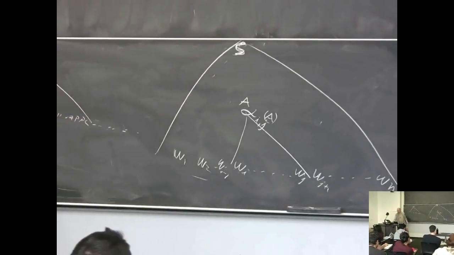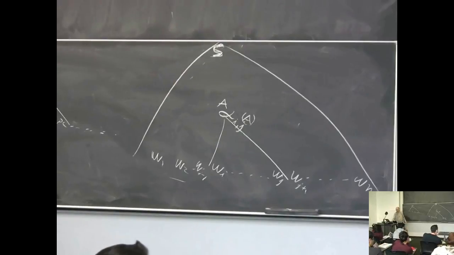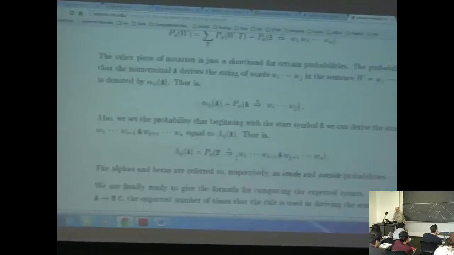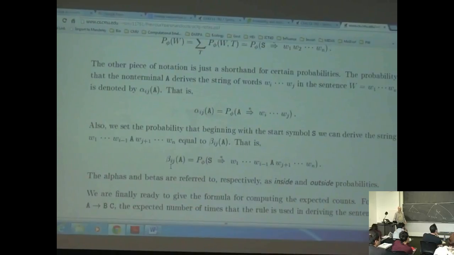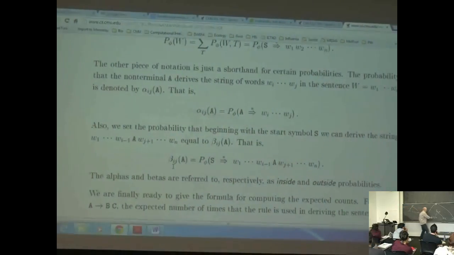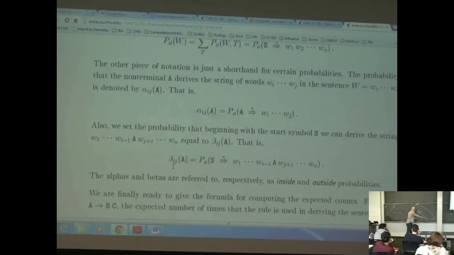So here it is. It's the probability of S becoming the sequence of words followed by A, followed by this sequence of words. So if you multiply together alpha ij of A and beta ij of A, you get a probability of generating the entire sentence and insisting that the words from I to J are sitting together under a heading of A.